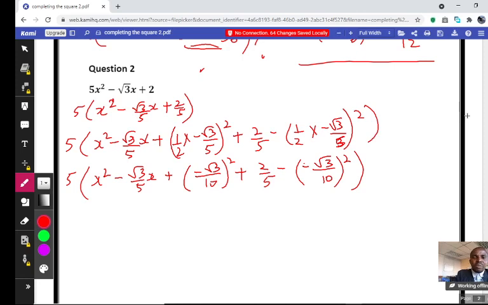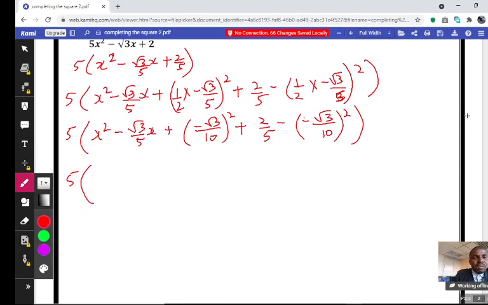You have to close the big bracket. Then you maintain the 5 outside. Then you simplify a bit inside the brackets. We ignore the middle value here.